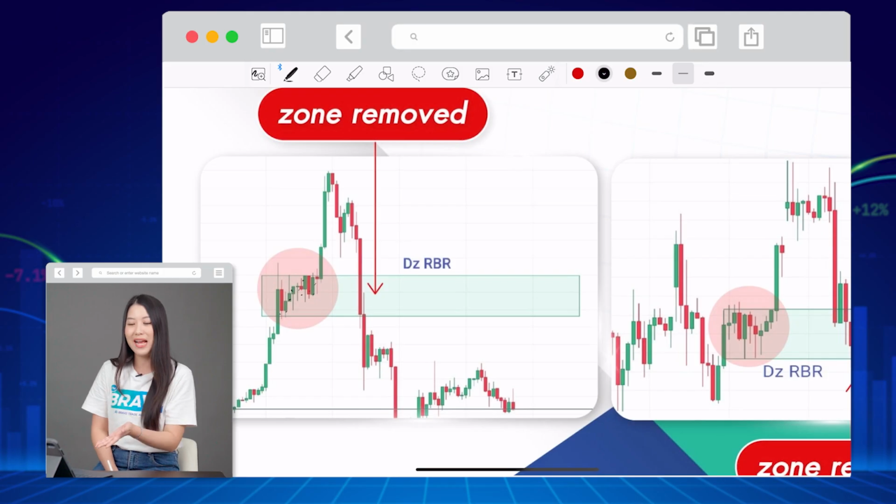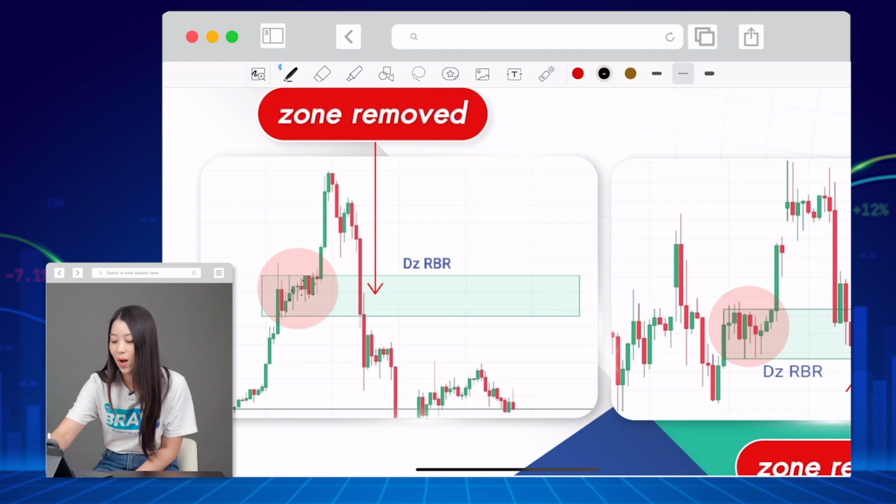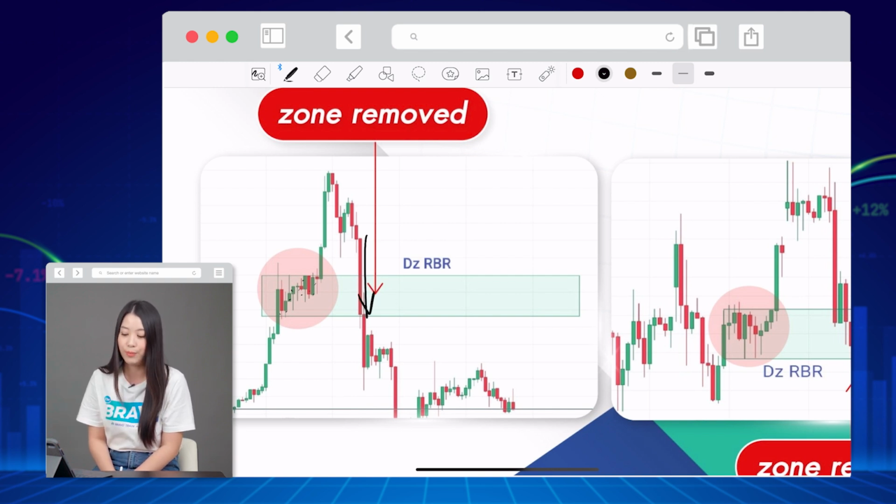If you use too much time, if you decide for too long, that means you don't really need it. So a price range with a lot of price accumulation means that traders don't really value this range. That's why once the price drops down, the zone is easily removed.